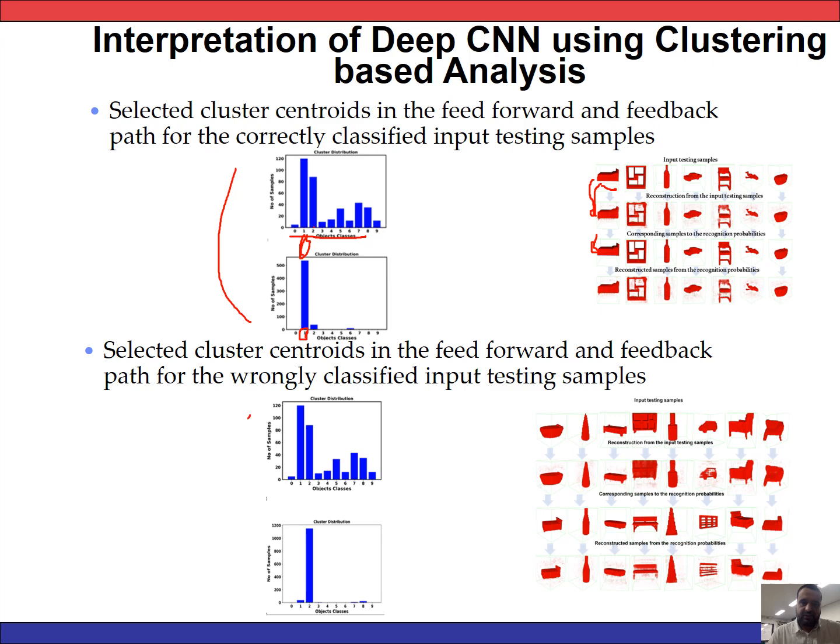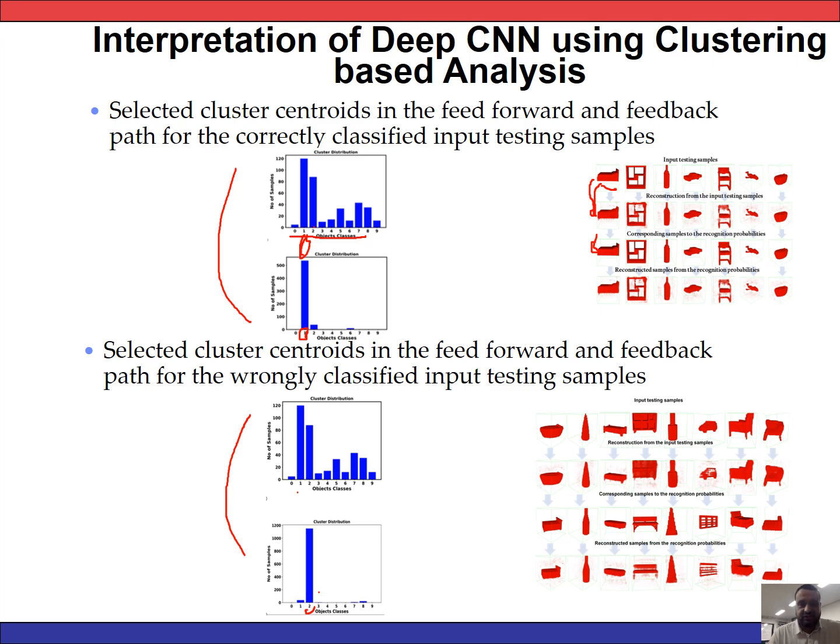Now in terms of wrong classification, when I provided a testing sample, it selected class 1 as its representative cluster. But when I generated the recognition probability using this network and fed those recognition probabilities to the neural network in the feedback path, it picked a cluster of class 2 as its representative cluster.